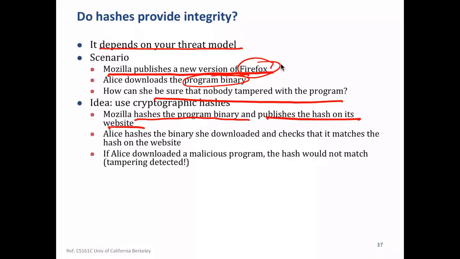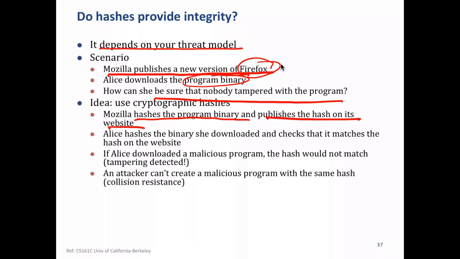You notice that in many websites hash values are also published, or you search and you will find it. It means that what you are getting as a binary is a genuine program. So what may happen is that the attacker cannot create a malicious program with the same hash value, because that hash value is published in some genuine site.